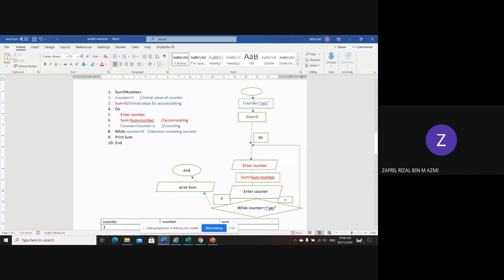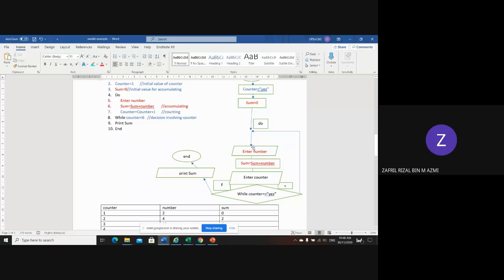So counter equal to yes, enter the loop body. User enters number, and then it will ask user whether they want to proceed with the system, or they want to terminate the system. If user enters yes, then it will repeat again. So the flow is still correct.